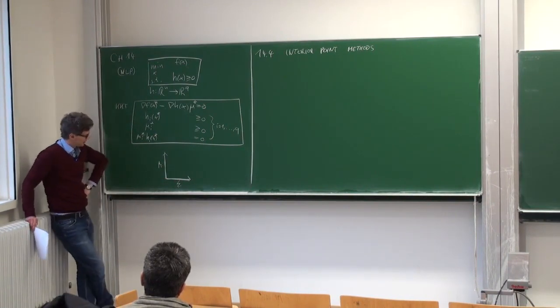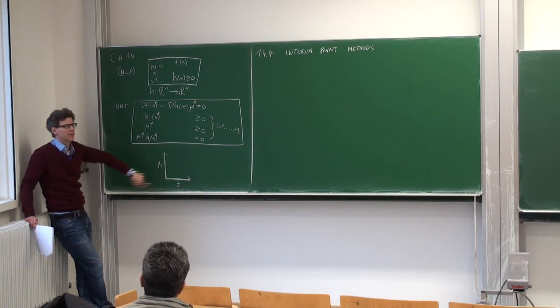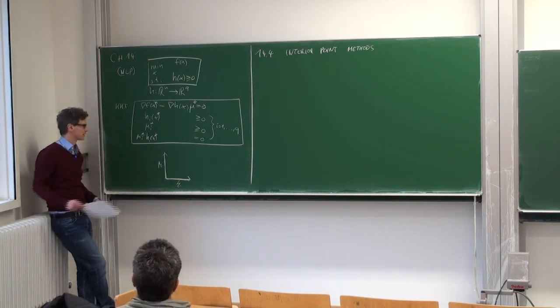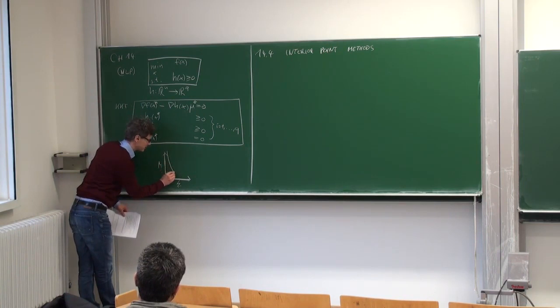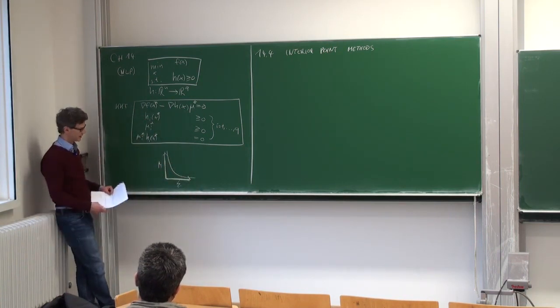So now the idea of interior point methods is actually very simple. If something is non-smooth, like this thing, we could try to approximate it by a smooth set. Instead of this thing, we could do something that is close to this, but smooth. And I exaggerate a bit. This could be an approximation of that.